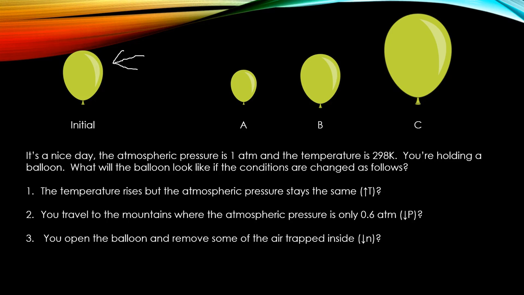How do I know that? Well, let's go back one slide. Let's just look at PV equals nRT, right? So we got PV equals nRT. Oh, so by the way, the answer is A.